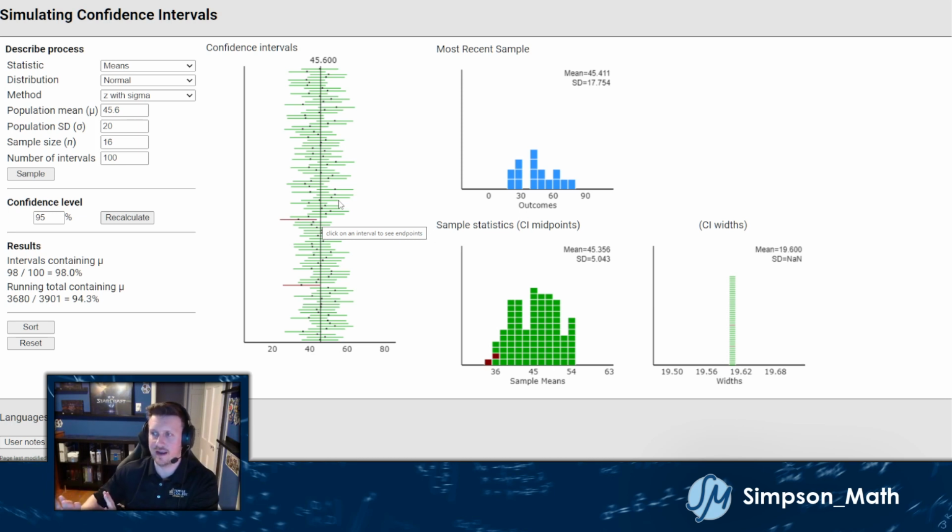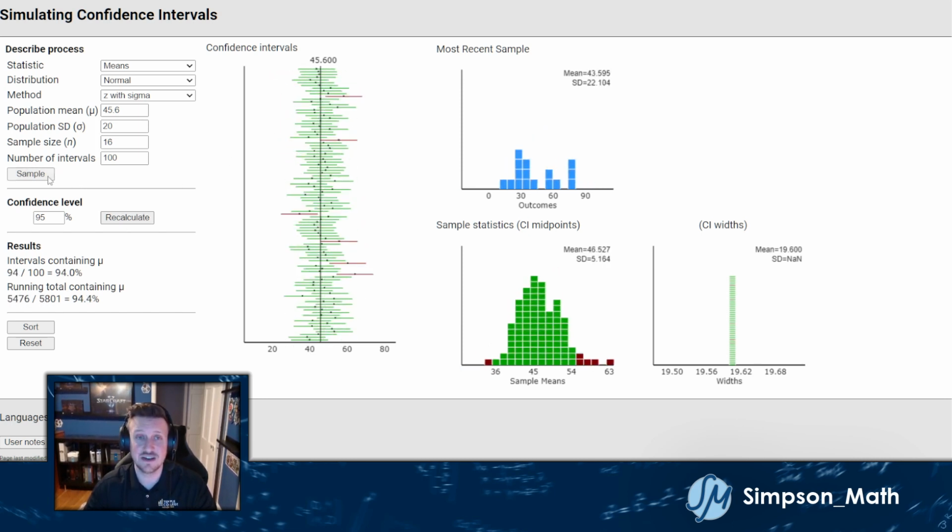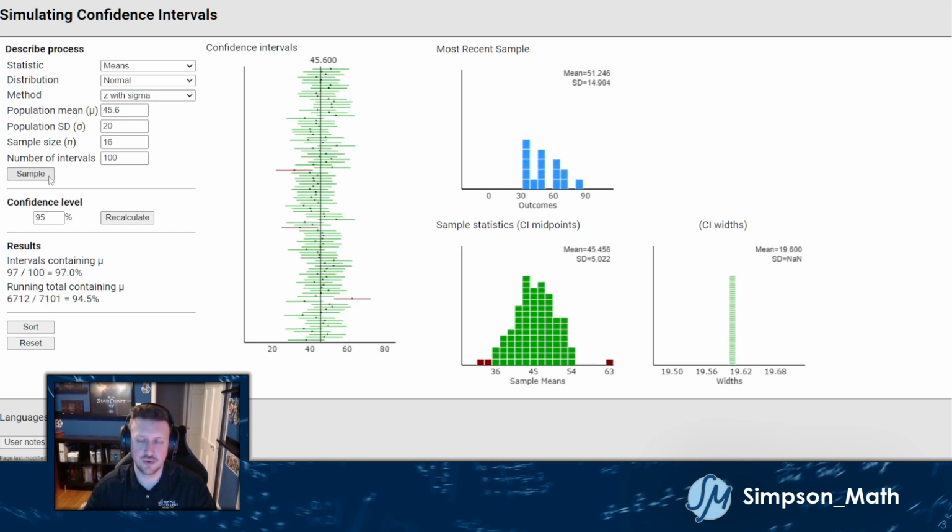That is a probability that I can speak about. That I can say I have a 95% probability of capturing the truth when I take that future sample and produce that future interval. That's all I'm going to say about that. But that's where we avoid probability. So we talk about what does it mean to be 95% confident? That notice that 95% of samples would lead to an interval that would capture the truth.